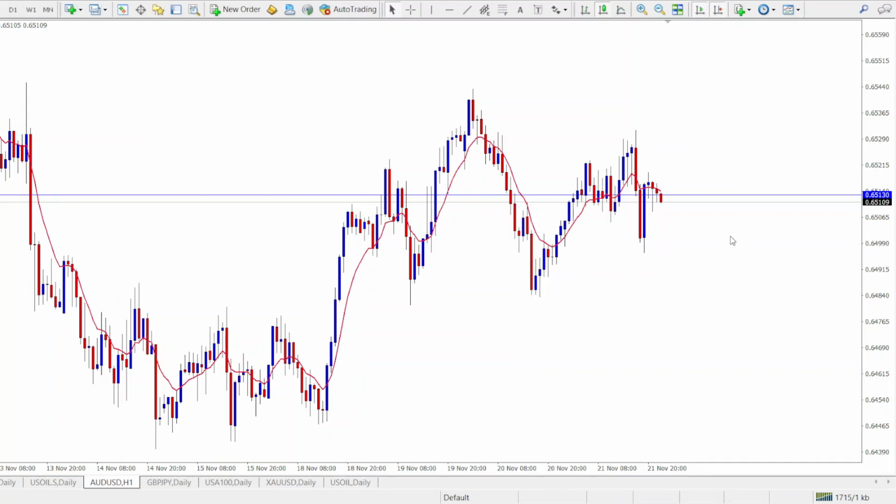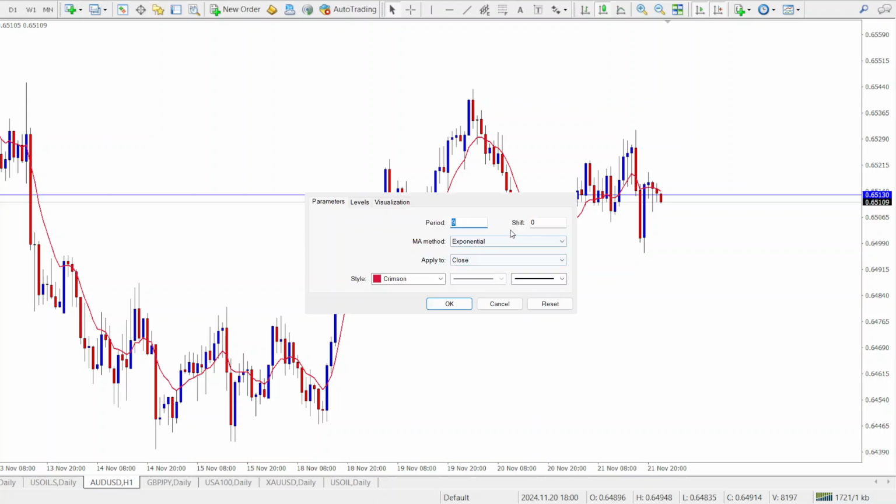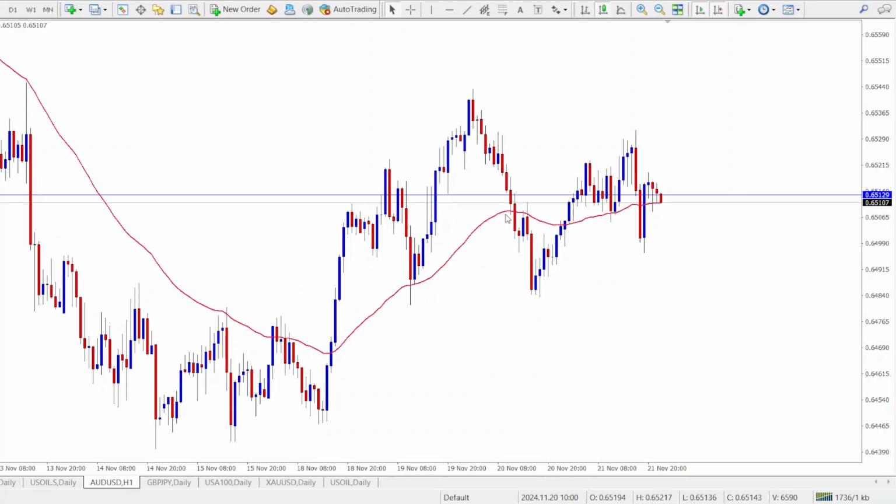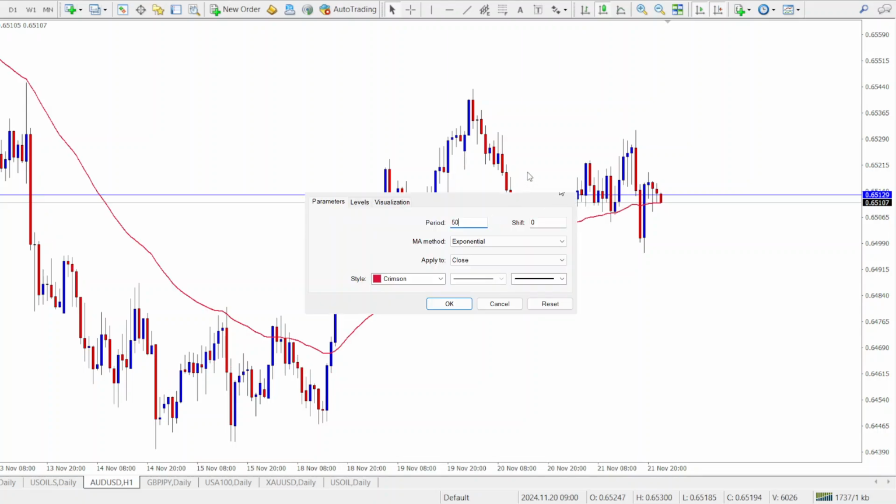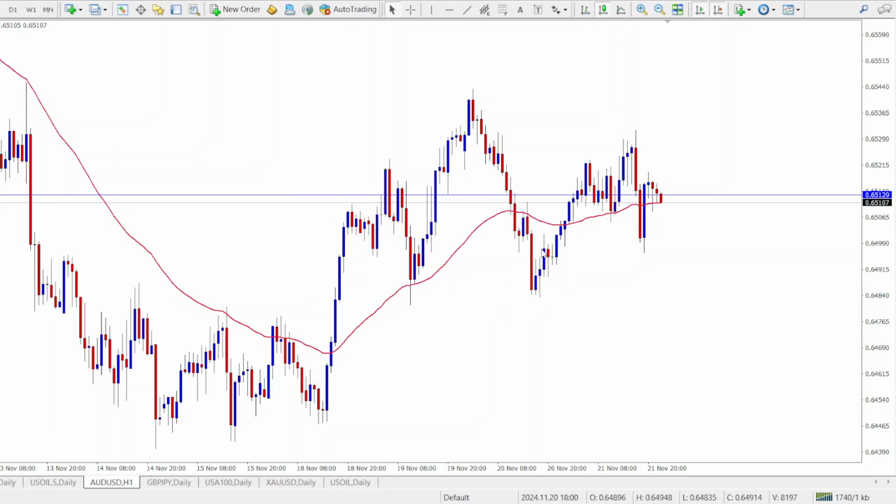For example, the 9 period, the one I just set now, reacts much quicker to price than the 50 period. So depending on the period settings, the smaller the period, the faster the indicator reacts to price changes, and the higher the period, the slower the indicator reacts to price changes.